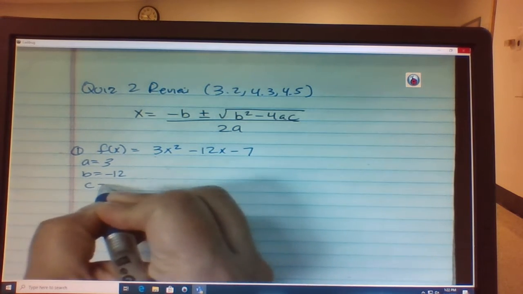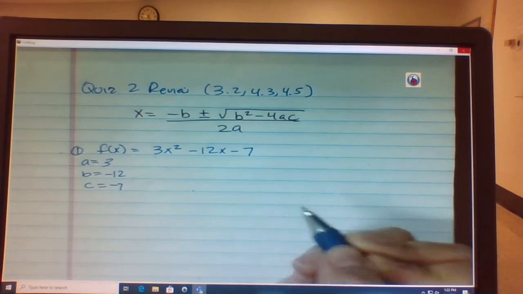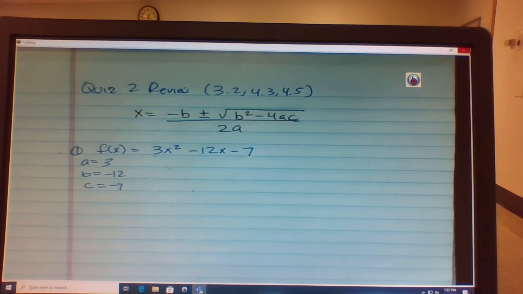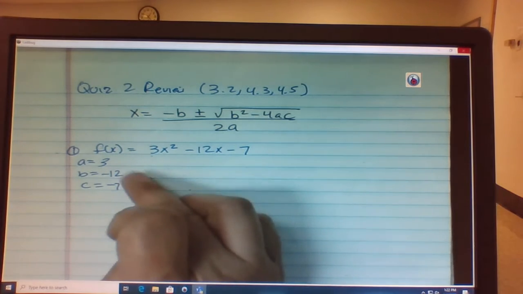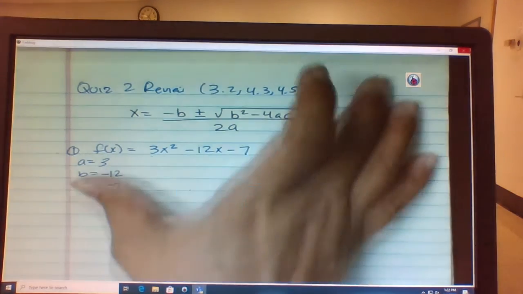And who is your c? Negative 7. So can you please rewrite this formula, plugging in the a, the b, and the c, the 3, the negative 12, and the negative 7, where they belong?